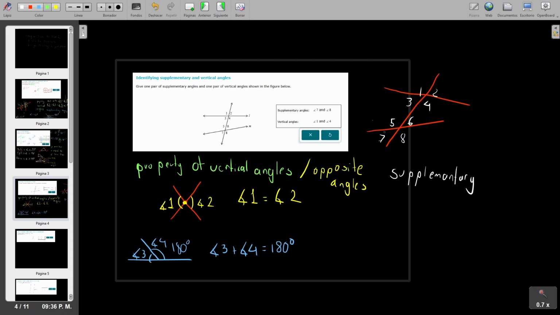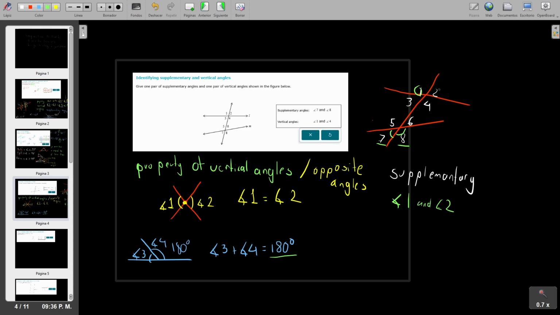We can prove this. 7 and 8 are consecutive, meaning that the addition of these two angles is going to be equal to 180 degrees. But as we can put 7 and 8, we can also put angle 1 and angle 2.